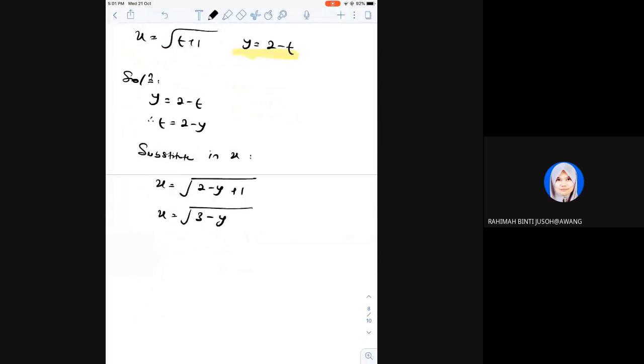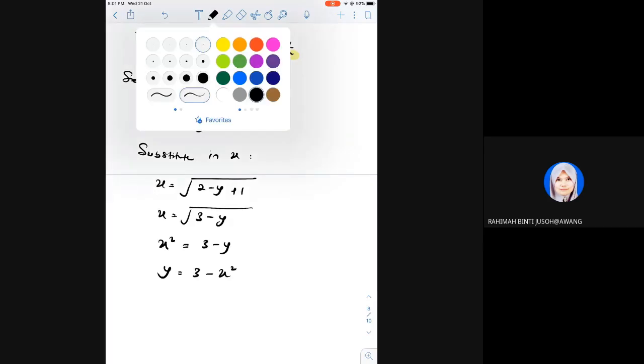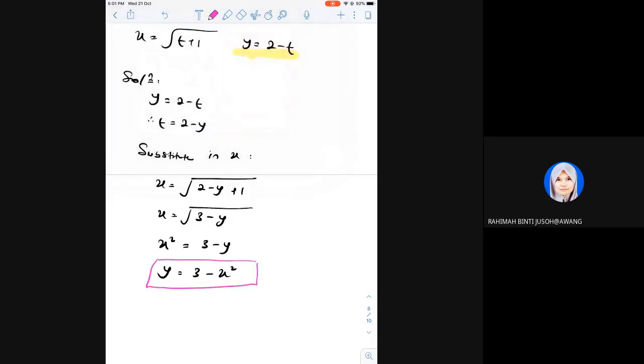Okay, so you can squarekan both sides. Then we will have x squared equals to 3 minus y, like this. Okay, so now jadikan kuasa 1 tu sebagai you punya subject. So right now we move y to the left hand side, y equals to 3 minus x squared. Okay, now this is the rectangular equation.